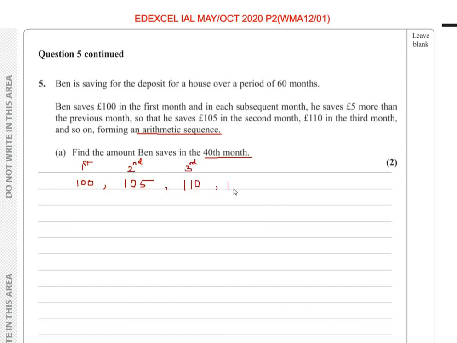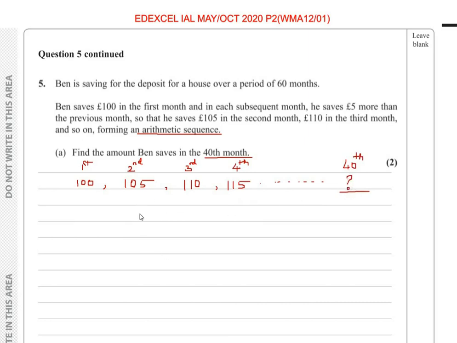It goes on, 115. So each month he is going to save £5 more. So this is the fourth month. Goes on, and there is some value that he has saved in the 40th month. So we have to check what is the amount he has saved in the 40th month.